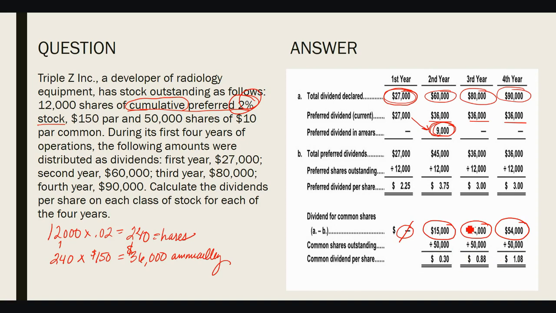Imagine how annoying that would be if you owned some shares and you only got 10 cents per share in dividend distribution. Let's say you own 100 shares times 10 cents. That's not a lot. That's like $10.